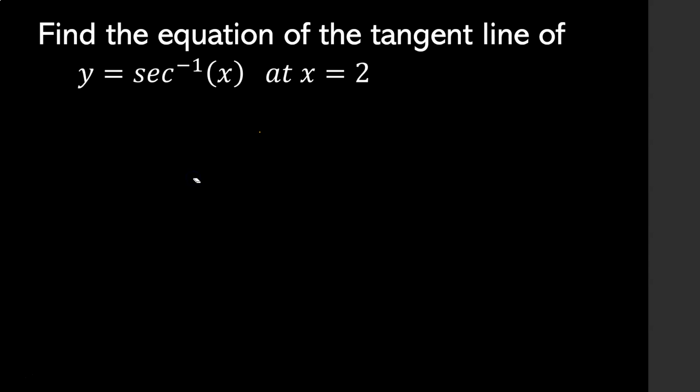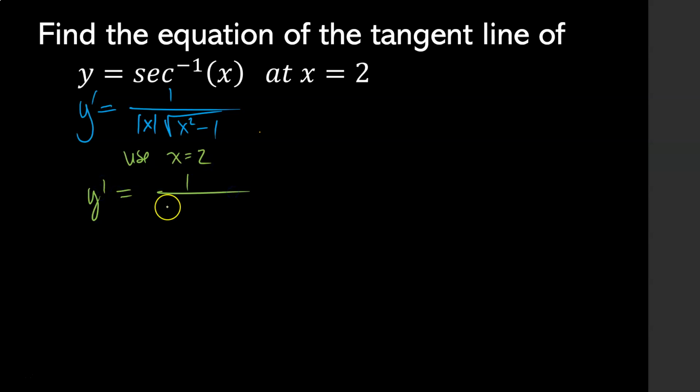So let's see. Oh, inverse secant. I've memorized that derivative. Let's see. Y prime is 1 over the absolute value of x, square root of x squared minus 1. And let's see. We're using x equals 2. And y prime is 1 over, I don't need absolute value there, 2 root of 4 minus 1.